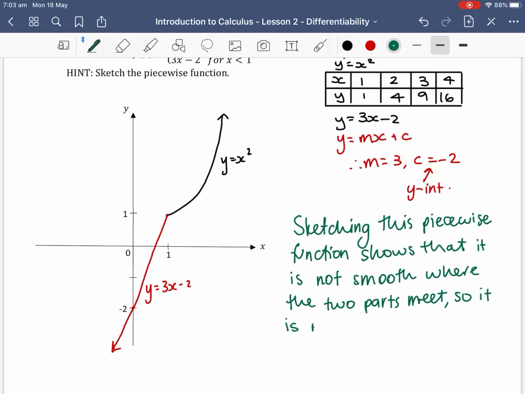So it is not differentiable at x equals 1. So at x equals 1, at this point there.